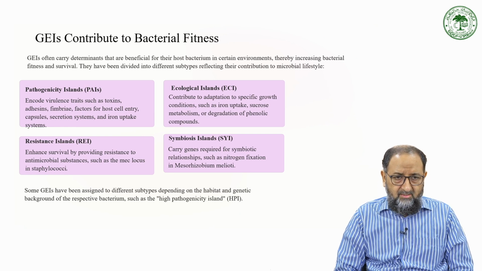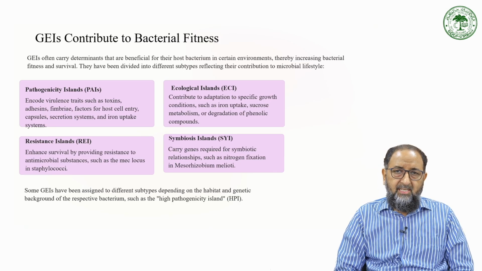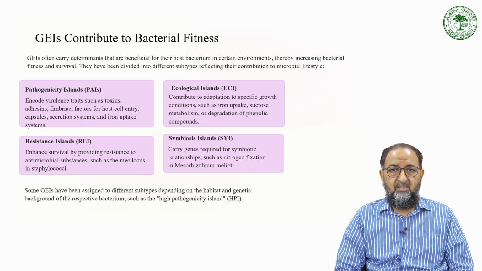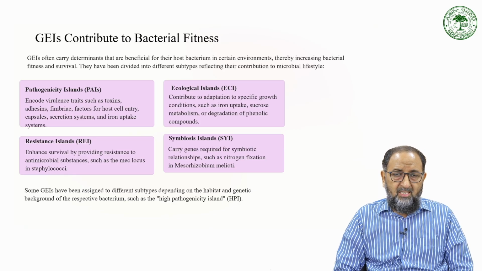Similarly, we have the resistance island, RAI. The resistance island enhances survival by providing resistance against various drugs and antibiotics, such as the mec locus in the case of Staphylococcus aureus, and we have other intrinsic genes like in Pseudomonas aeruginosa. Several antibiotic resistance markers are present.